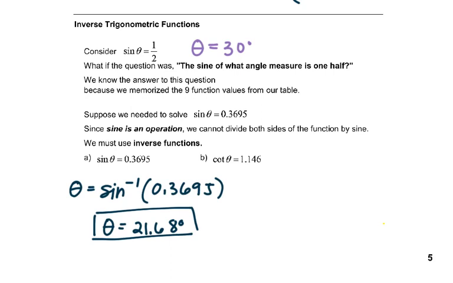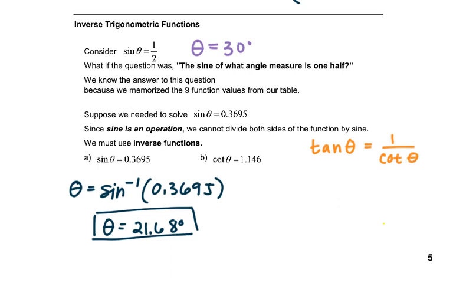Similarly, I can do the same thing with cotangent theta, but again, I don't have a cotangent inverse button. I only have tangent inverse. So we need to think about how we can rewrite this. One thing we know is that cotangent of anything is equal to 1 over tangent, or rather tangent is equal to 1 over cotangent, right? So tangent theta is 1 over cotangent theta.